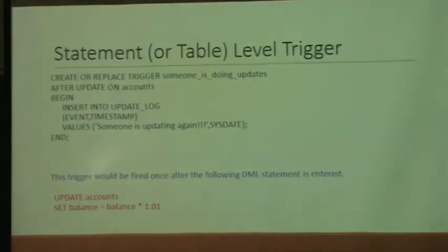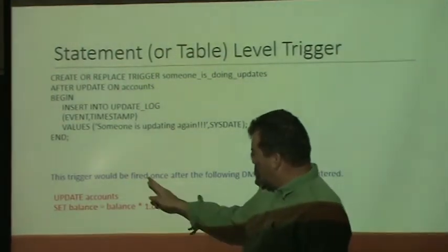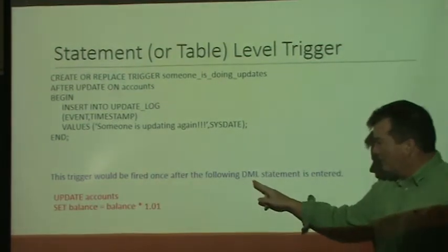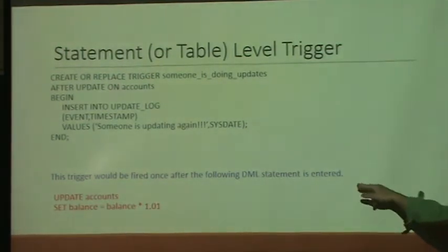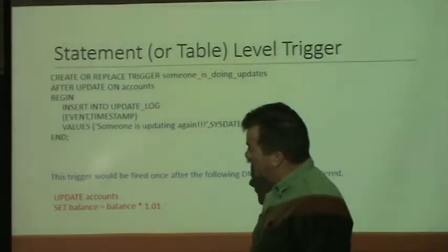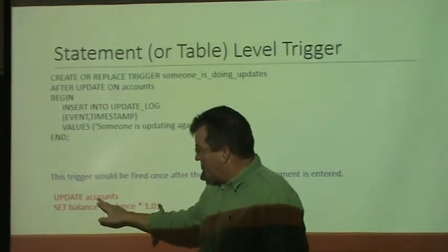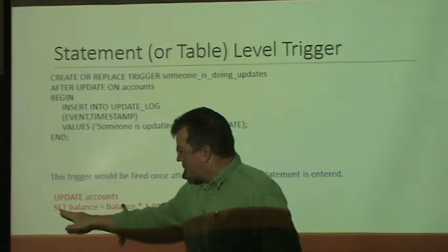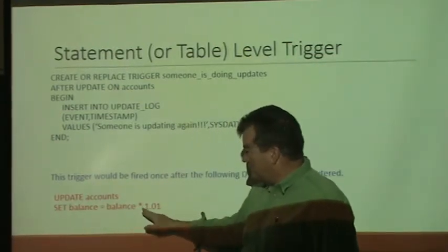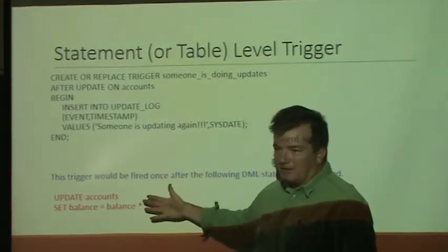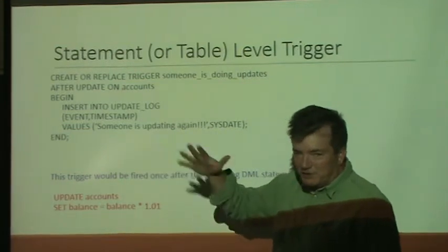Okay, so this trigger would be fired once after the following data manipulation language is entered. If somebody came along and said update accounts, because we're only doing it after updates, set balance equal to balance times 1.01. So it looks like maybe they're giving 1% interest to every account.